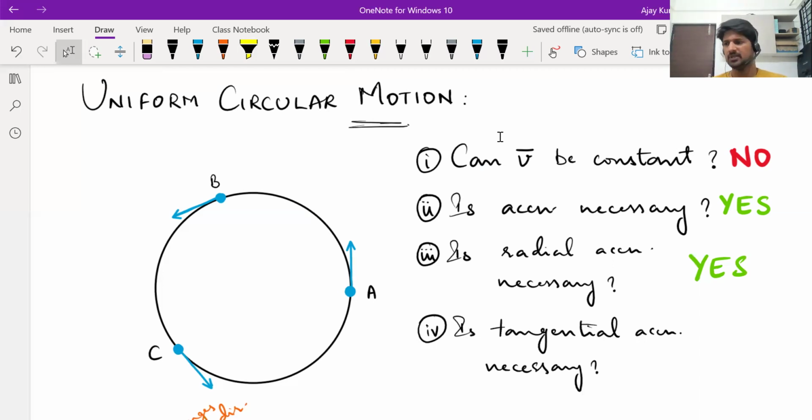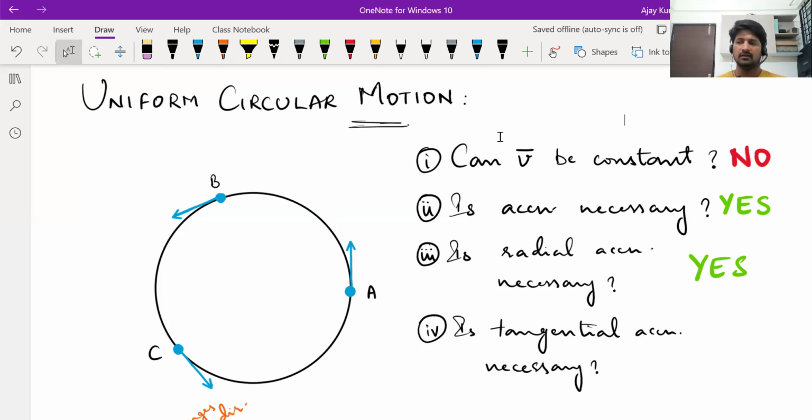For example, take Earth's rotation itself. Consider a point on the Earth's surface rotating around its axis. We know the Earth takes close to 24 hours to complete one rotation, and it takes the same time to complete every rotation. So you can say that particle is moving with constant speed. Its direction keeps changing like this, but the speed is constant.